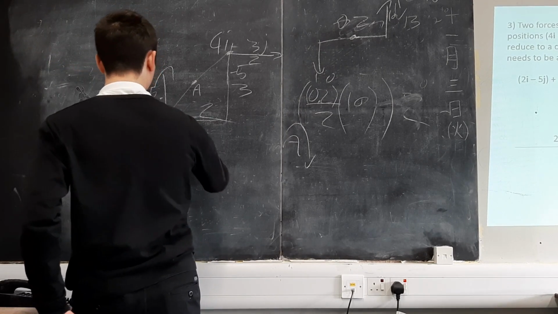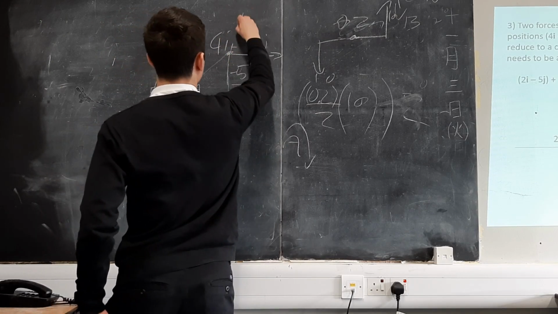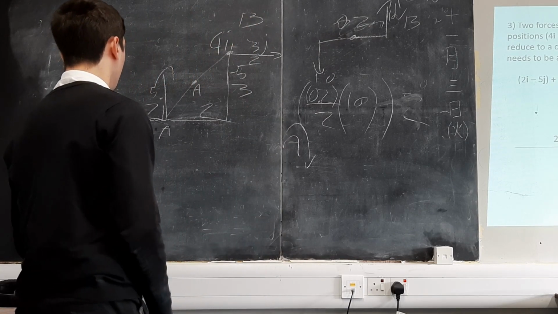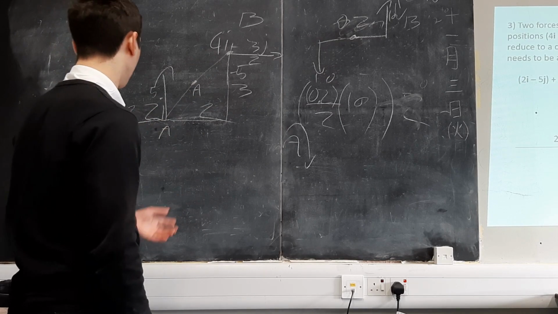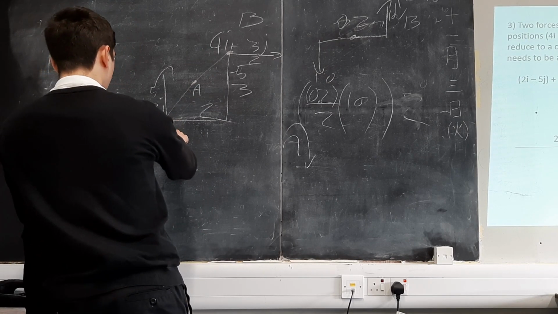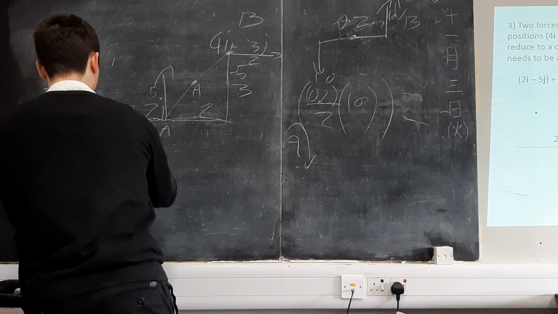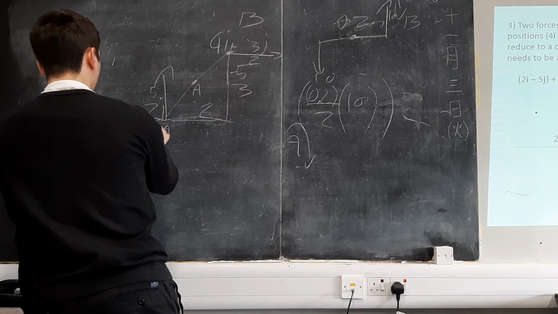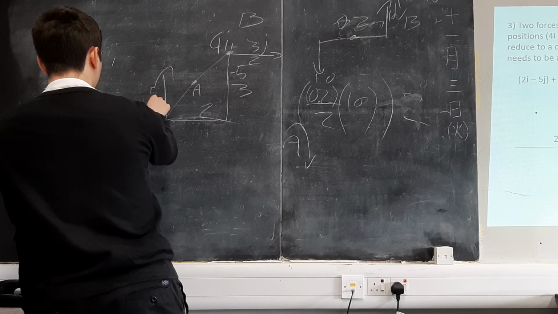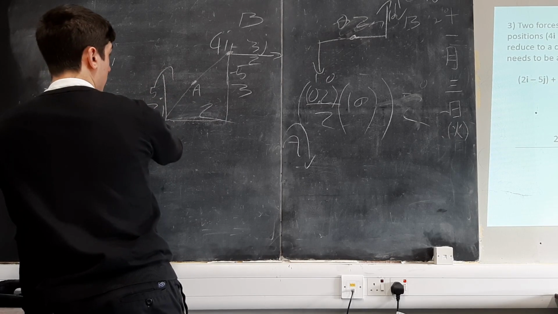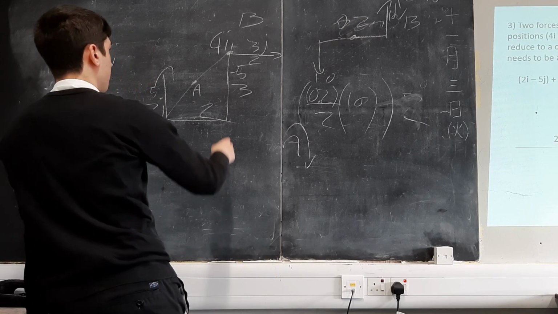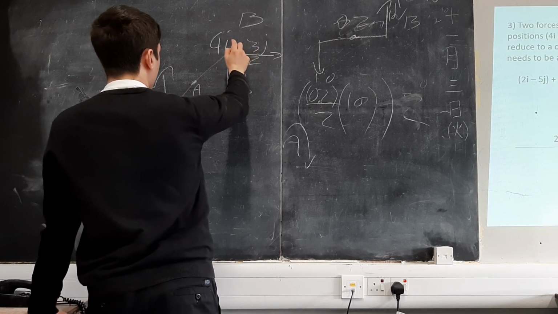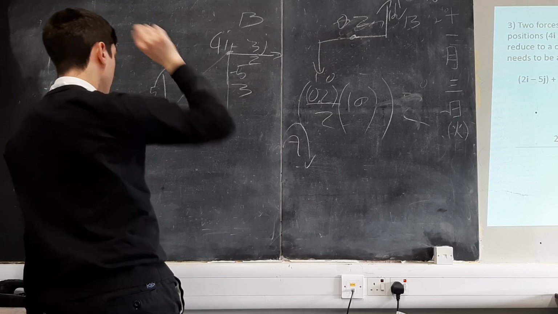Point A, point B. So we're just going to find the turning moment of both. So A, because it's at 0 meters, minus 2, and these two are 0 meters, so it's nothing. So we just use these.